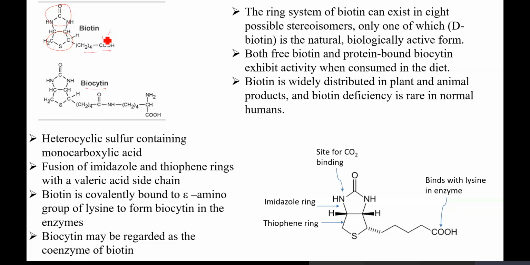The ring system of biotin can exist in 8 possible stereoisomers, only one of which, the D-biotin, is the natural and biologically active form. Both free biotin and protein bound biocytin exhibit activity when consumed in the diet. Biotin is widely distributed in plant and animal products, and biotin deficiency is rare in normal humans.